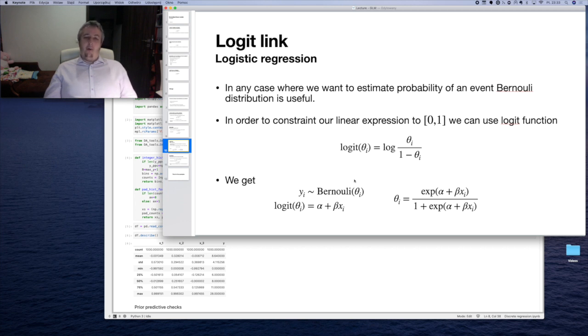So this function allows us to transform our results from real values of alpha plus beta xi into a 0,1 interval for theta. So our unbounded combination of predictors will lead us to bounded coefficients.